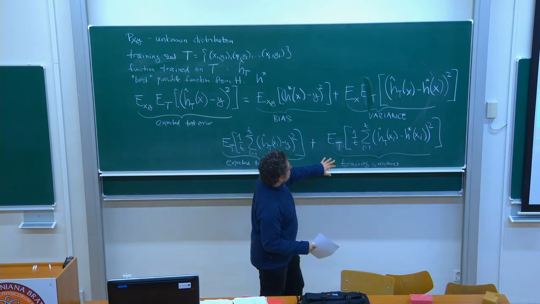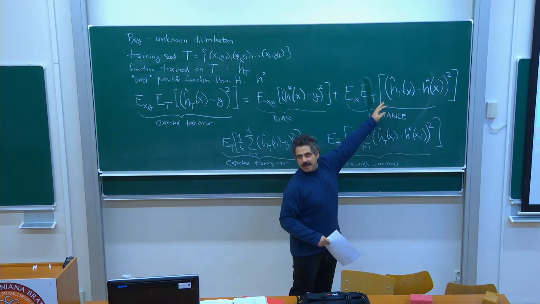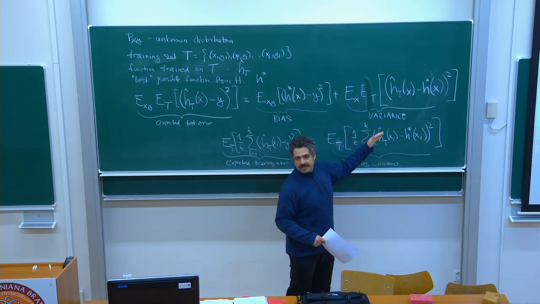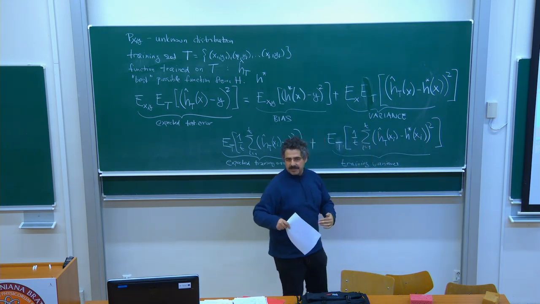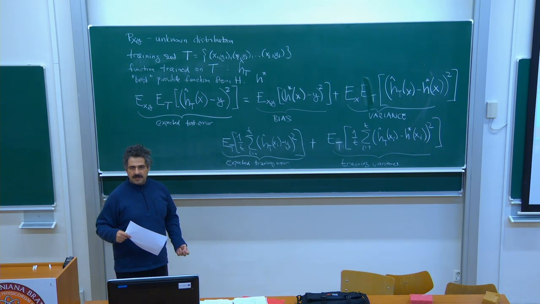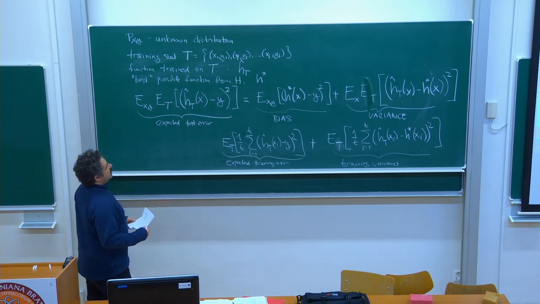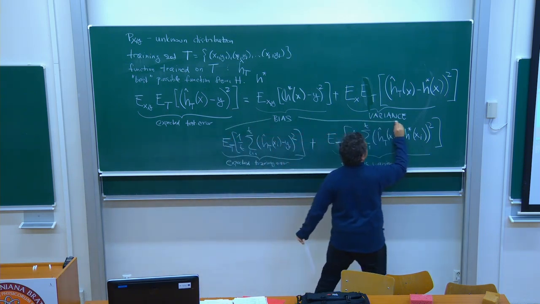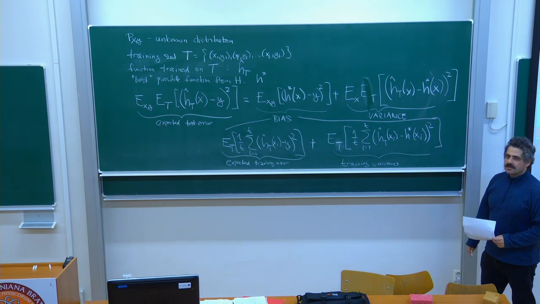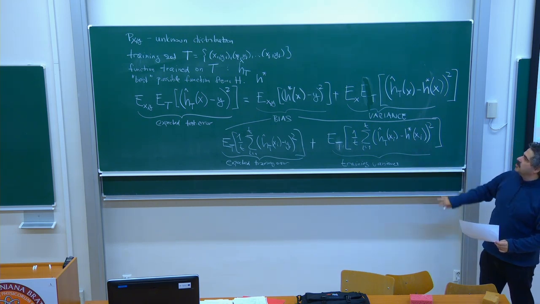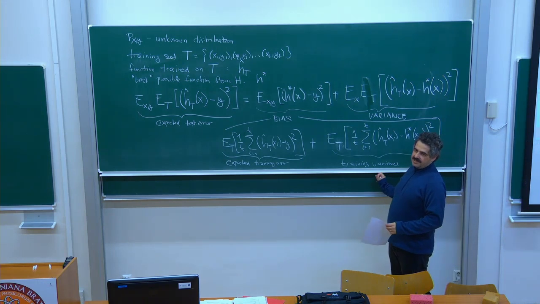The only difference is that instead of evaluating on some other sample, you are asking what's the variance of the training error that you are getting with the number of samples that you get. Okay? So there is bias and variance, and bias can be decomposed into this. Any questions so far about these terms? This is the kind of message that you should have gotten from the previous class.